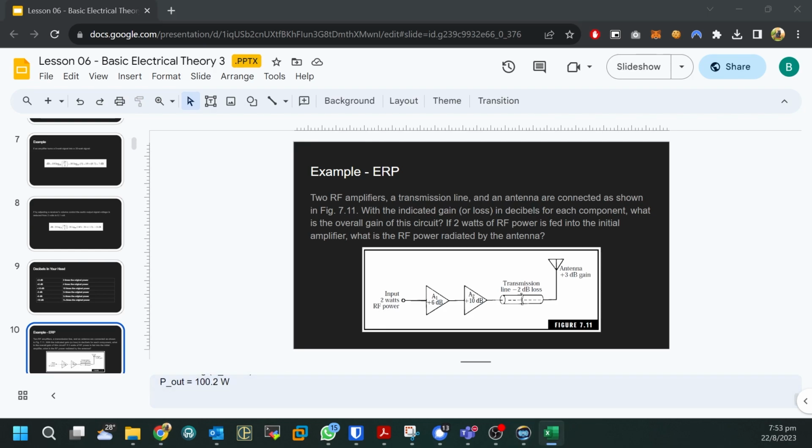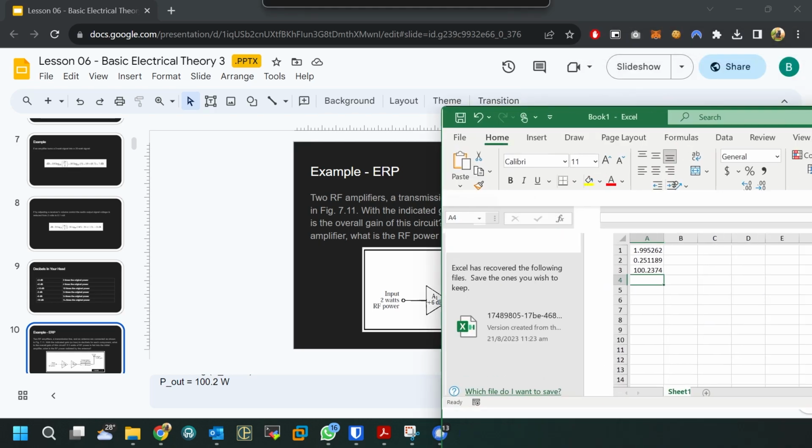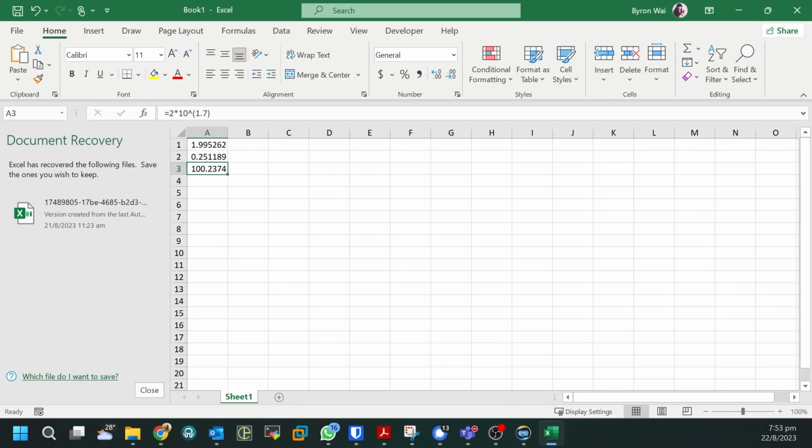Let me see: 2 times 10 to the power 1.7. So it is 100.23, so it is 100.24 watts. Trust me, I did the calculation correctly.